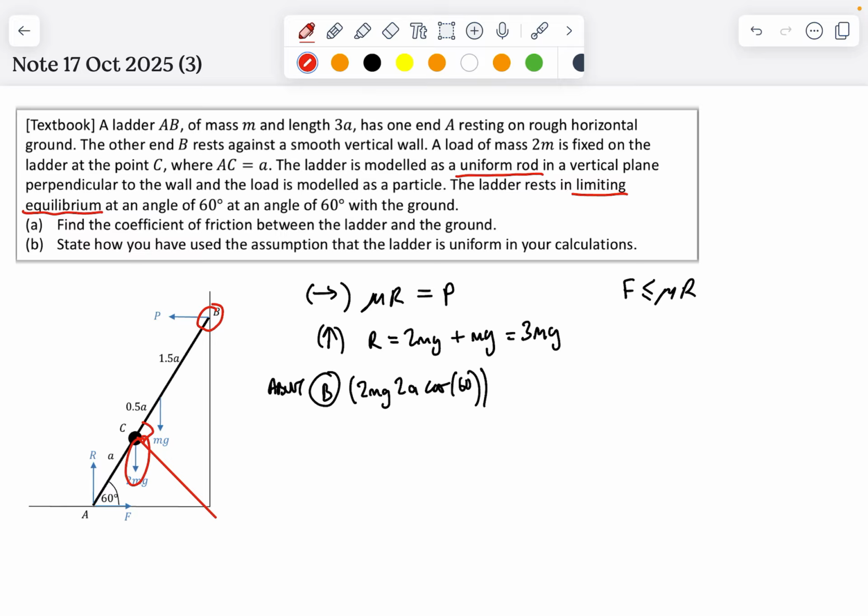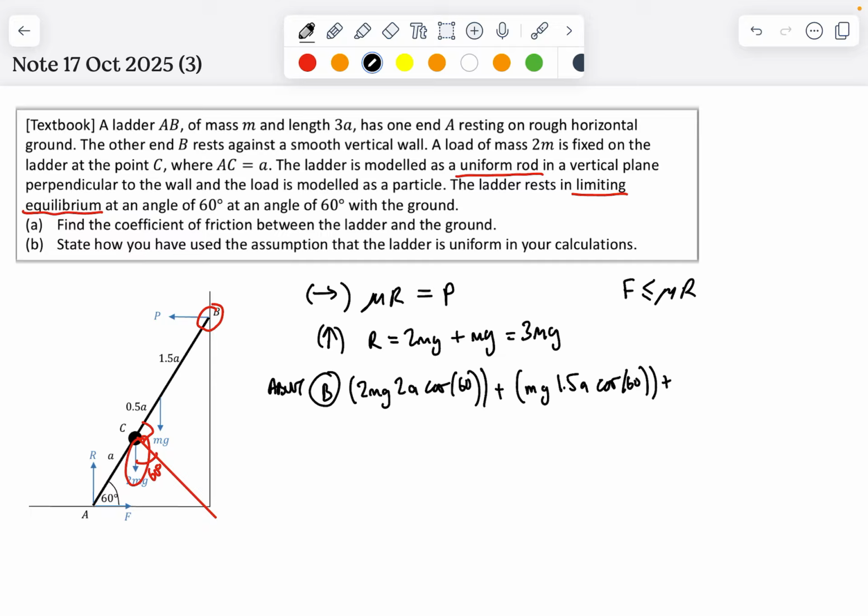If that's perpendicular, this angle here is 60 degrees, so cosine of 60. Then I've got my mg times 1.5a, and again, to make it perpendicular, that's cosine of 60.